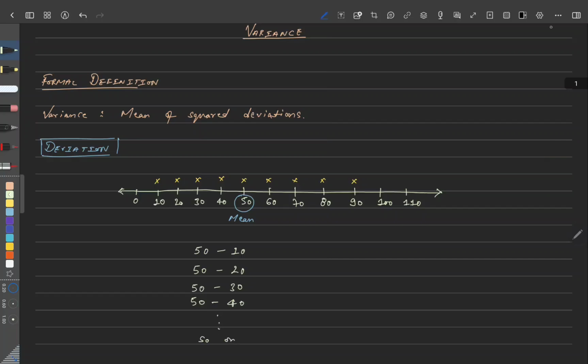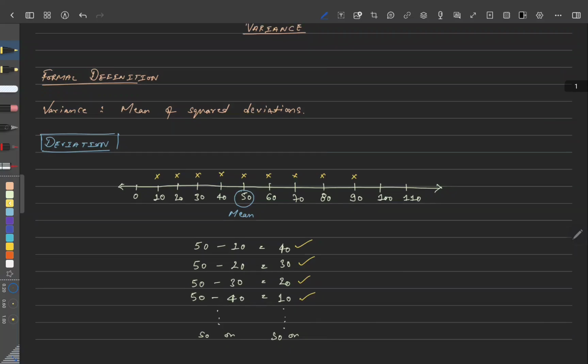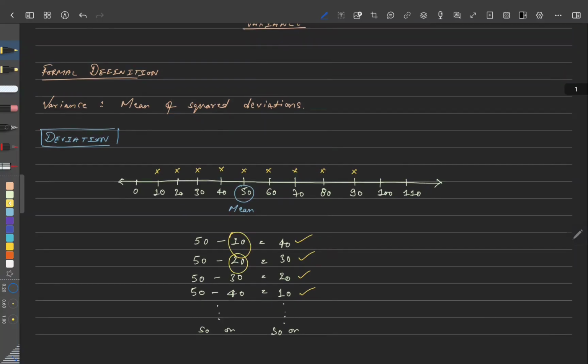Okay, so these are the deviations. 40, 30, 20, 10 are the deviations of these points from the mean.